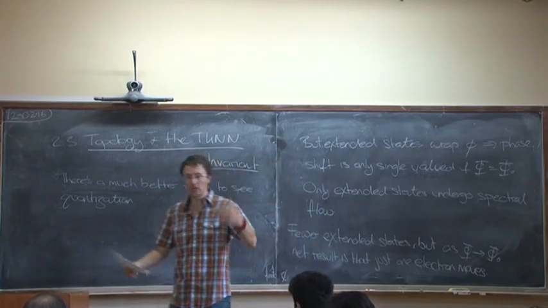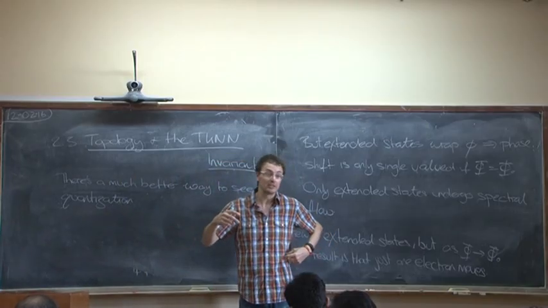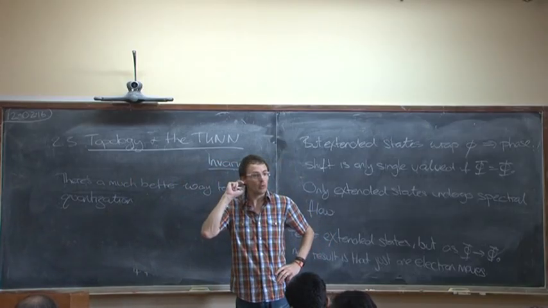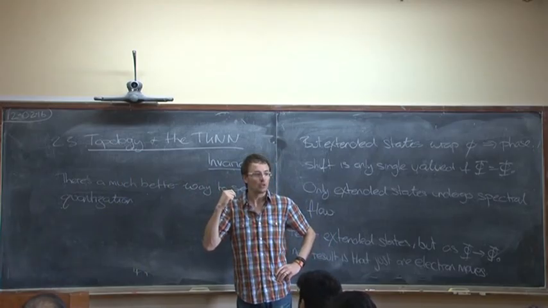To do this, we're going to use slightly more sophisticated techniques, both from mathematics and from condensed matter physics. I'm going to need a formula, which I have proven in the printed notes, but I'm just going to state here. The formula is the Kubo formula.